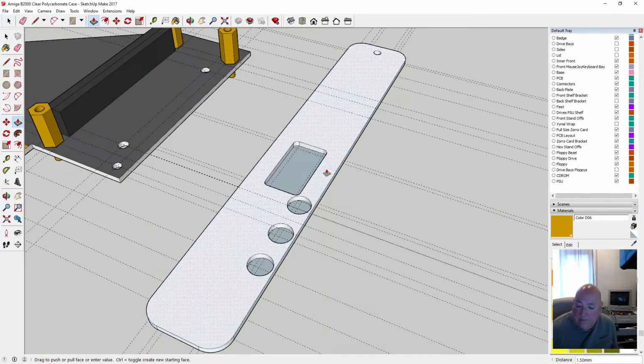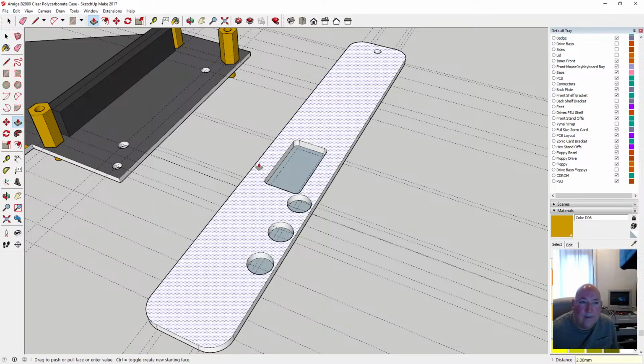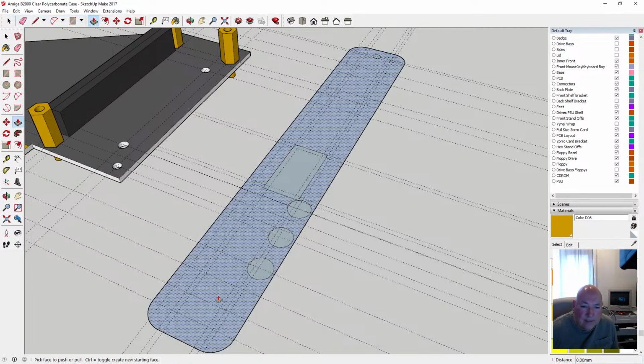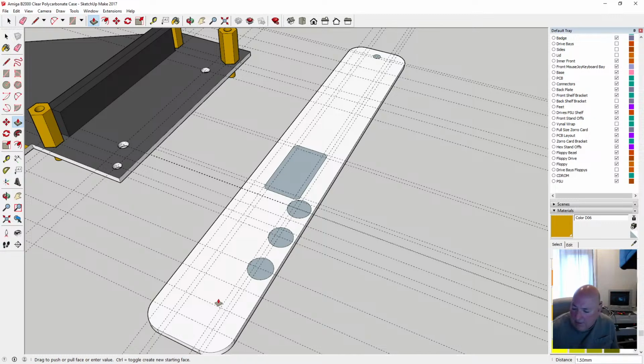Here we go. 2mm. I'll tell you what, we'll go the other way. We'll go down 2mm so we can still use our geometry. Was it that one?